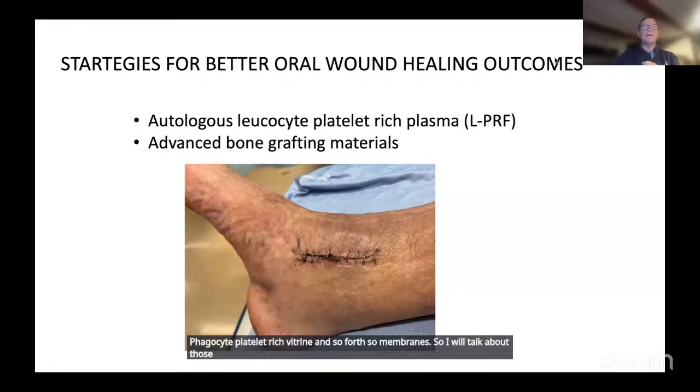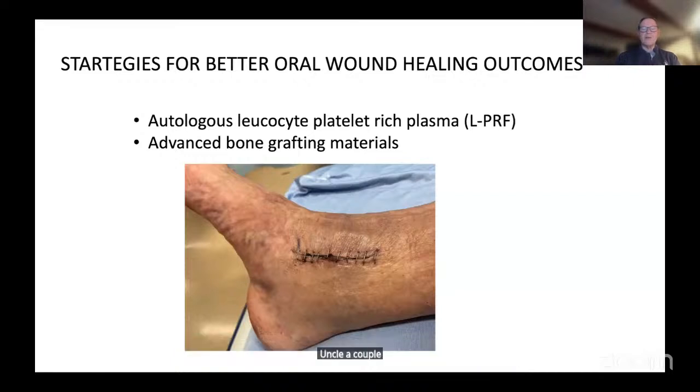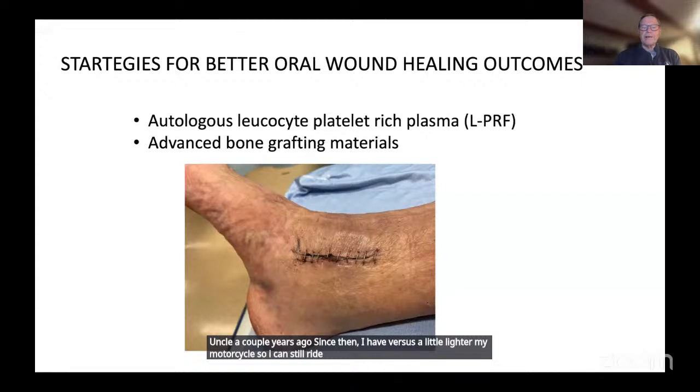And my first slide is showing my own leg that received a couple of screws when I broke my ankle by putting my motorcycle right on my ankle a couple of years ago. Since then I have purchased a lighter motorcycle so I can still ride, and my ankle still has those screws in place.